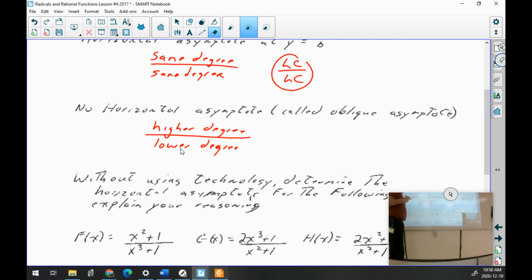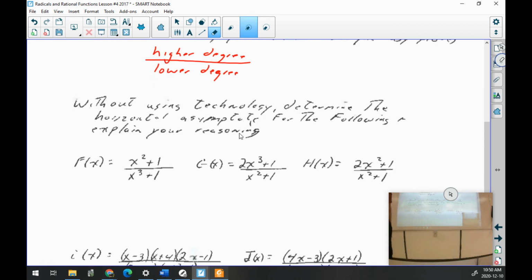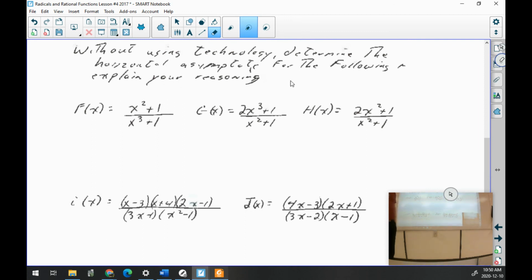So we can just deal with this in terms of the same base without technology. We want to know the horizontal asymptote. Well, in f of x, we have a second degree over third degree. If we think about this as we get bigger and bigger, basically we're going to have a number over a much bigger number.